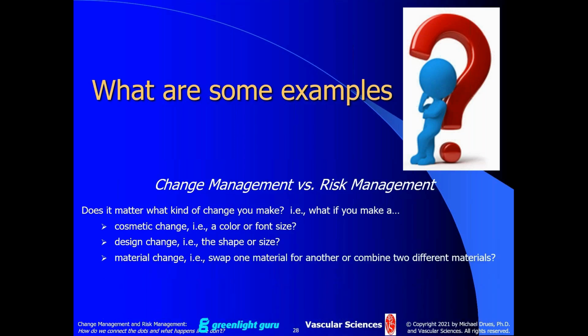Another type of change we could have is a material change. What if, for example, we have a device on the market that's made out of one material and we want to change it for another material, or we change it to a combination of different materials? What are the potential risk implications on those changes, and how do we investigate them? I happen to be a subject matter expert for FDA in the area of biomaterials.